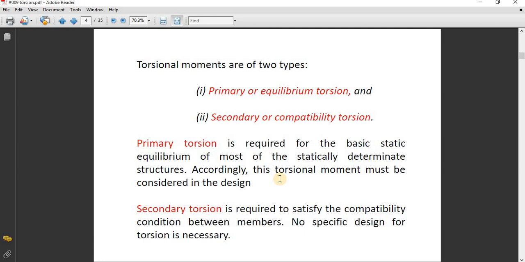In this lecture, this part is completed here. In future lectures, we are going to study the clauses which talk about consideration of this torsion while designing. So make sure that you will be sitting for this class with IS 456. So thank you.